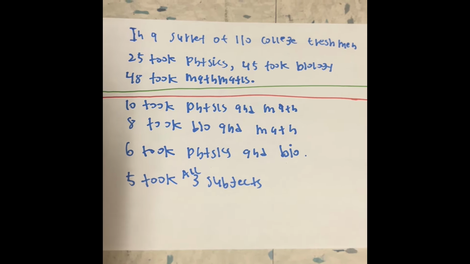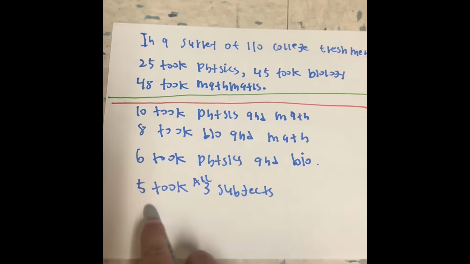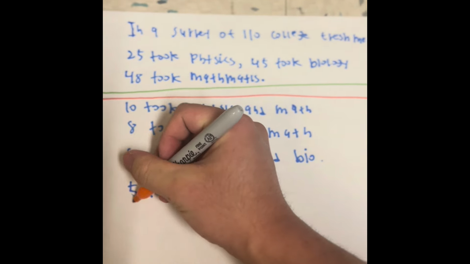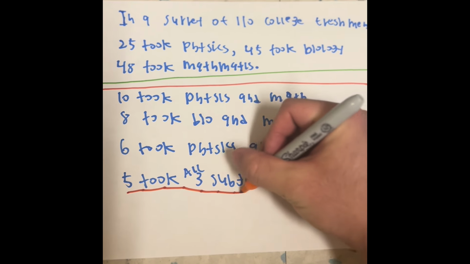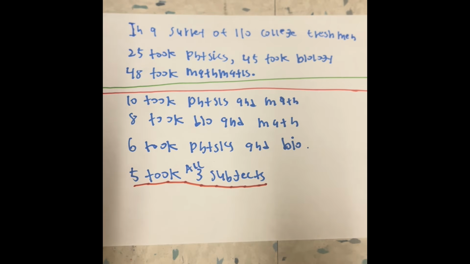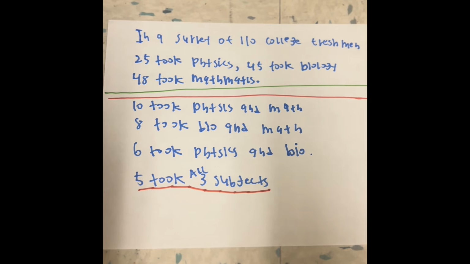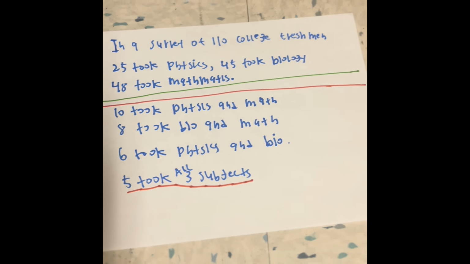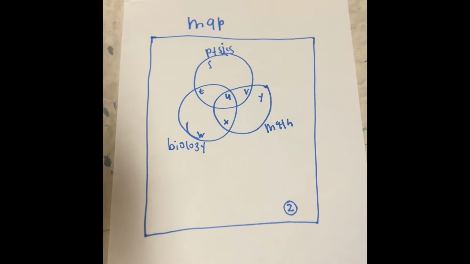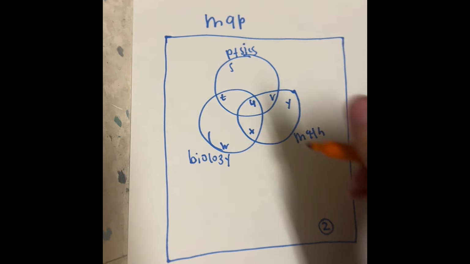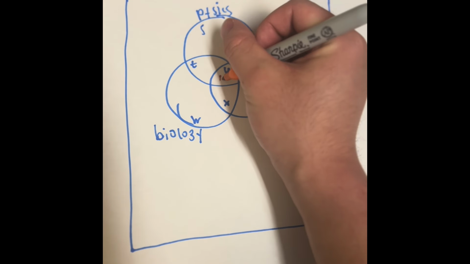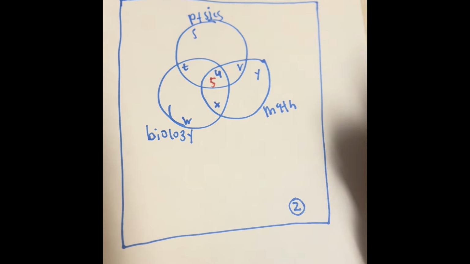Well, if you take a look at this part, 5 took all 3 subjects, that clue right there is definitive because that only tells us that only 5 took all of the 3 subjects. So if we go to the Venn diagram, we can say that the letter U, which is the middle, is going to represent the number 5.